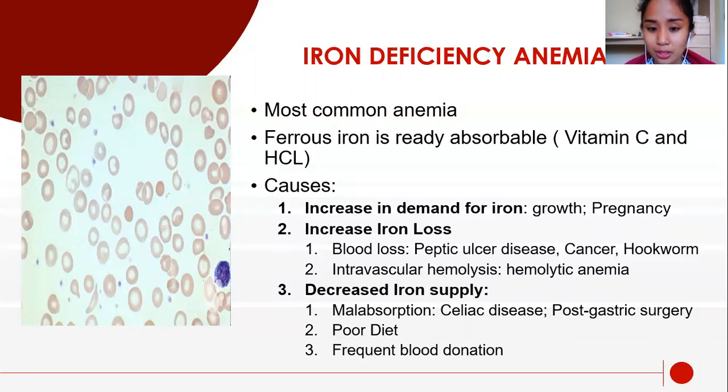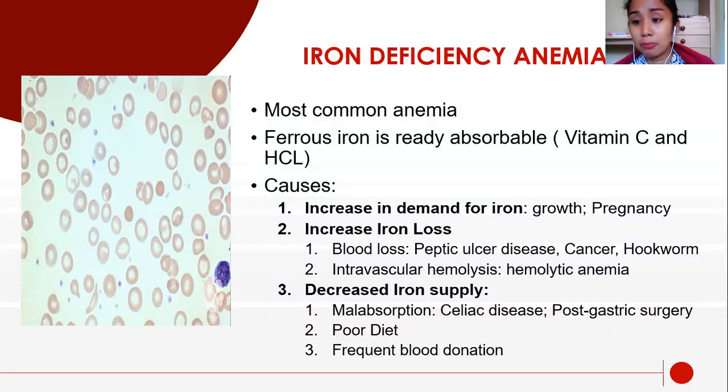Next, what are the cases wherein there is increase in iron loss? Nawawala yung iron. Siyempre, number 1, bleeding. So, in cases of hemolytic anemia, intravascular hemolysis, meaning there is premature breakdown of your red blood cells in hemolytic anemia. And number 1, blood loss. In the developing world, the most common cause is chronic blood loss.